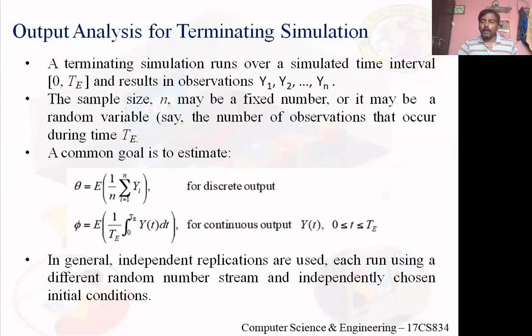By that time, how many customers have arrived and departed from the bank? That is n. In this case, let me observe how many customers might have arrived from 9:30 a.m., that is clock equals 0, to 4:30 p.m. So in this case, n is random, right?